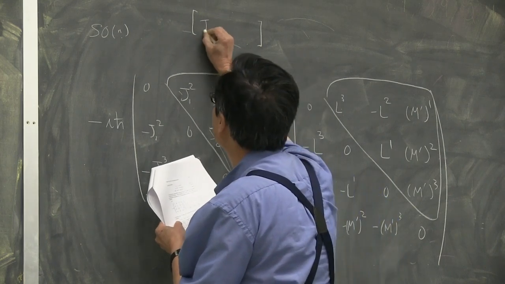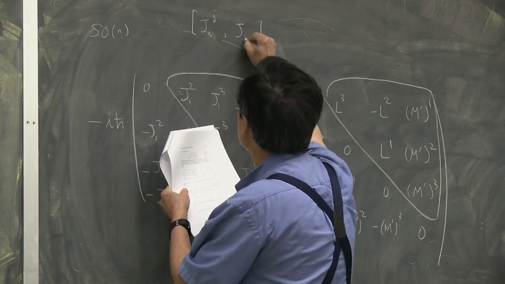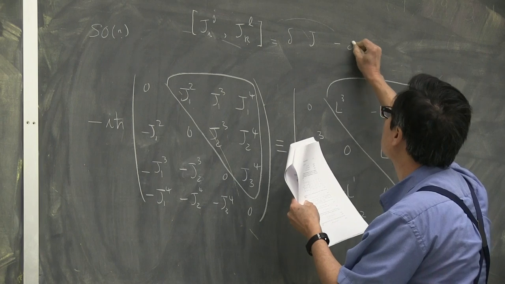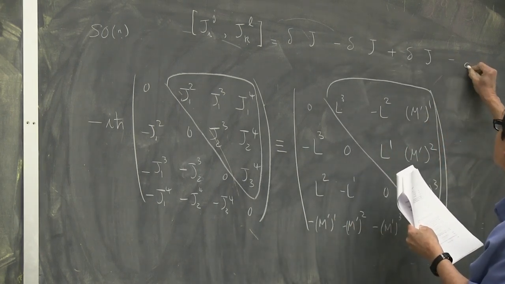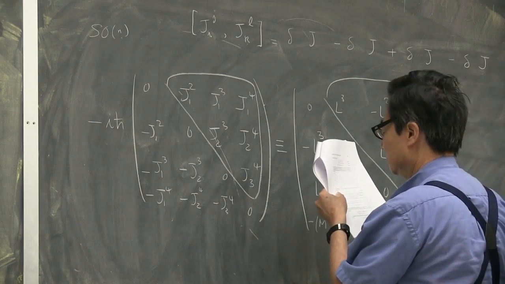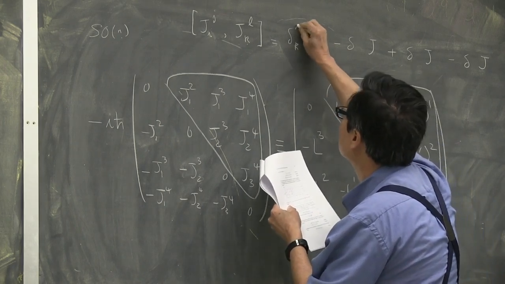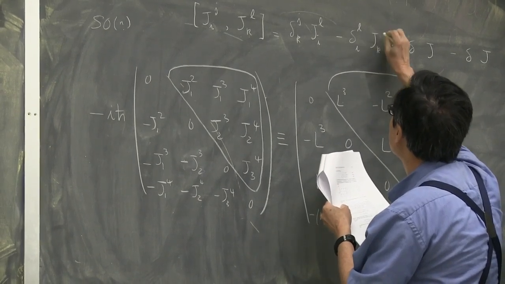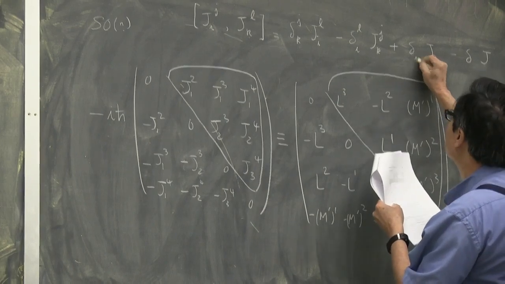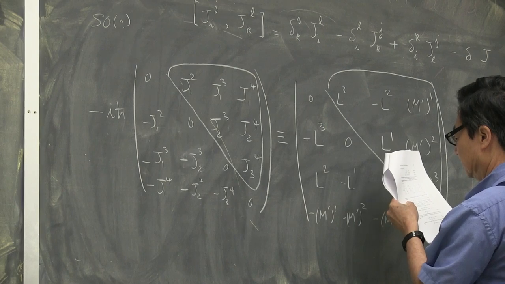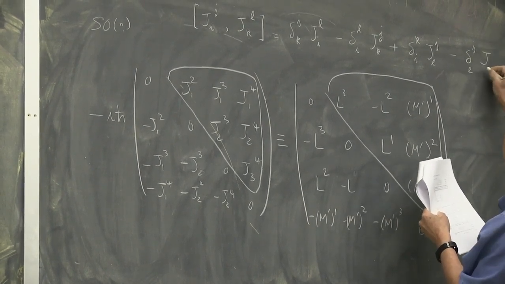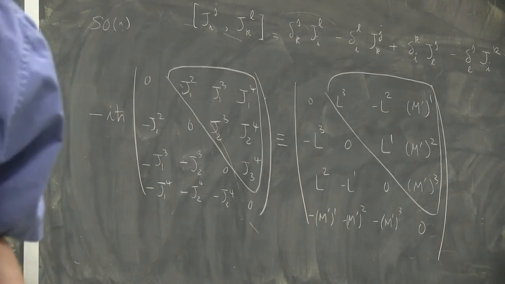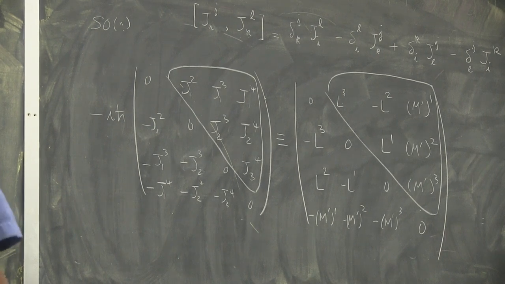This is a general Lie algebra relationship: the commutator of J_ij and J_kl is a series of delta_jk J_il minus delta_il J_kj plus delta_ik J_lj minus delta_jl J_ki, and so on and so forth. I always think of Professor Kubo, i j k, mu nu, alpha beta, blah blah blah. Okay.